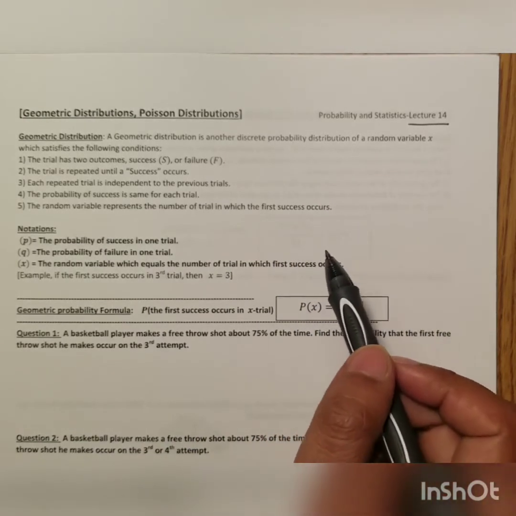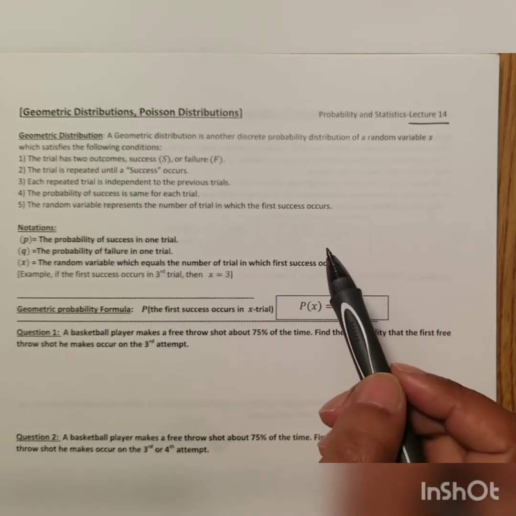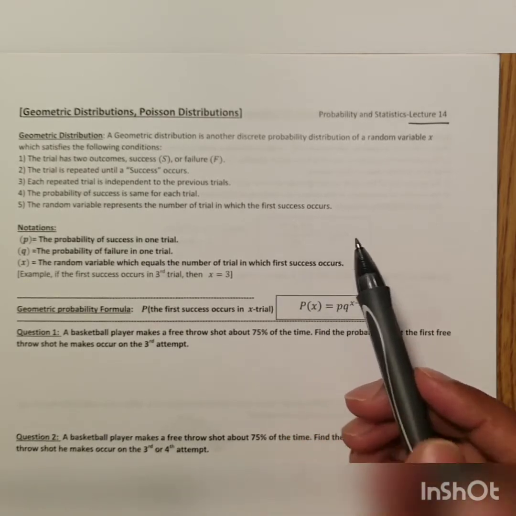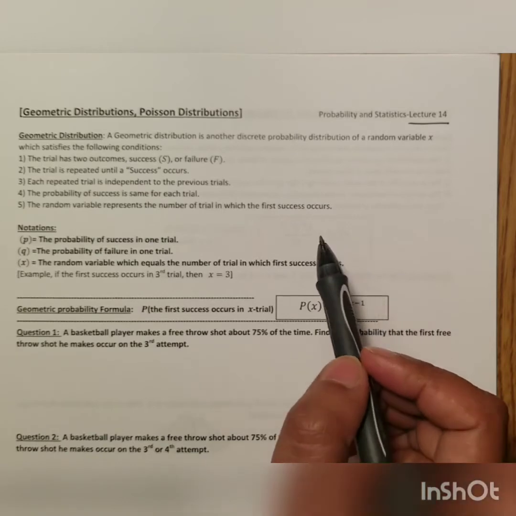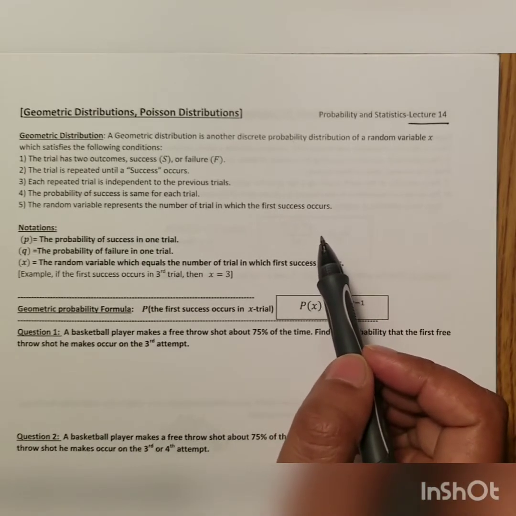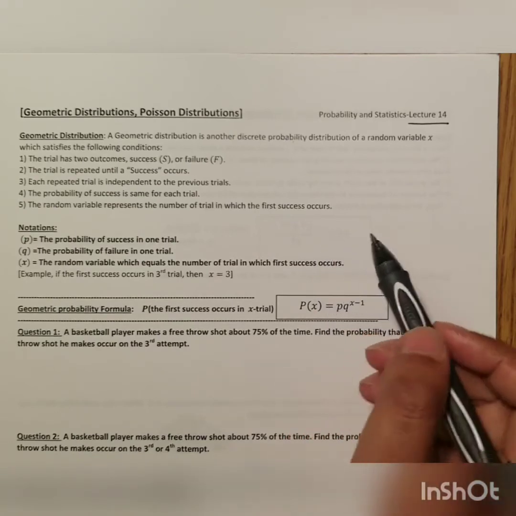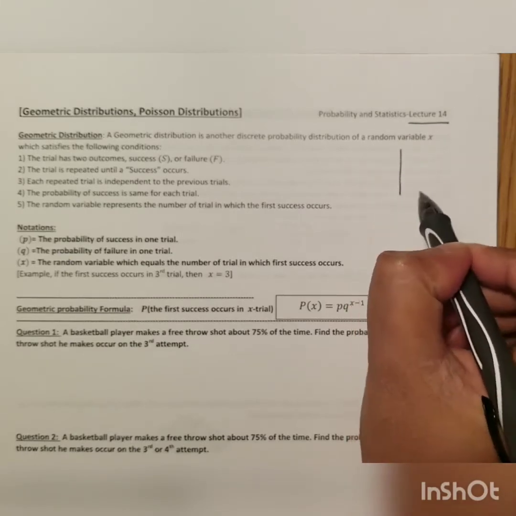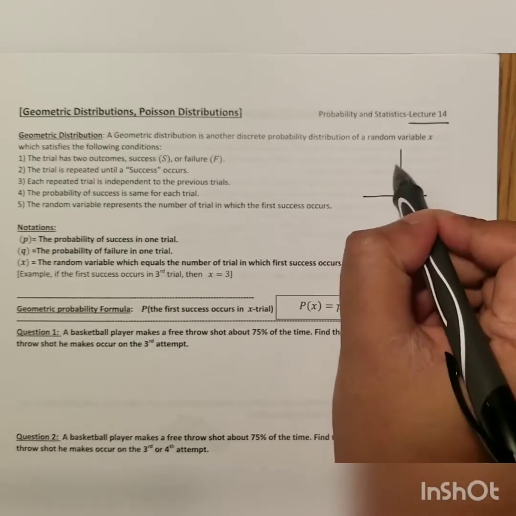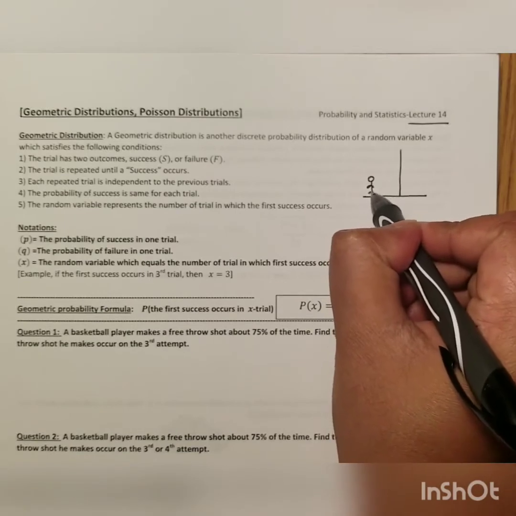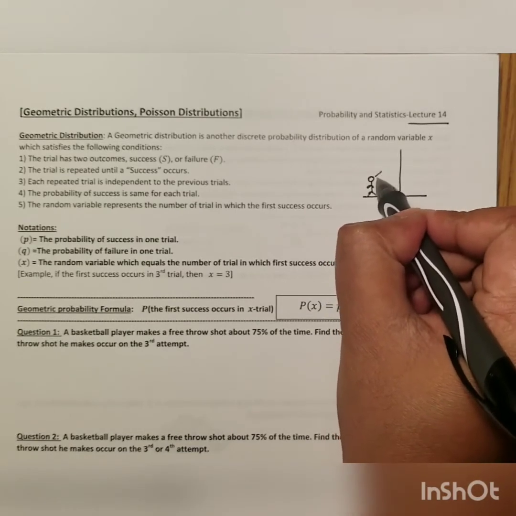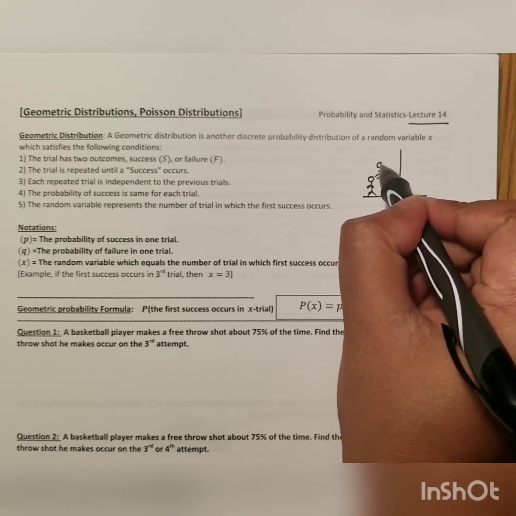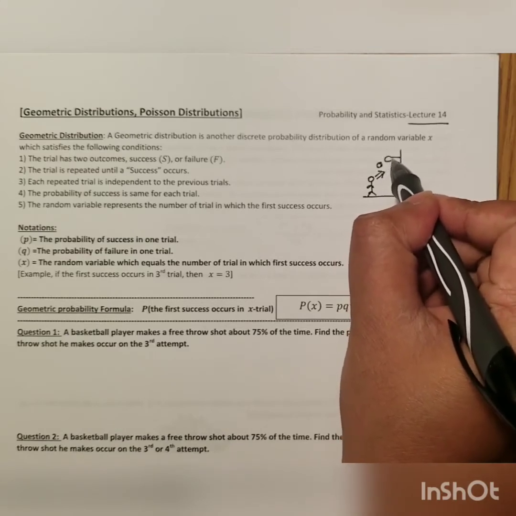In binomial distribution, we had the total number of trials. Given a certain total number of trials, we find how many successes we get within those trials. That was in binomial distribution. If you remember, I gave you an example of a basketball court, and a player throws a ball to the basketball net.